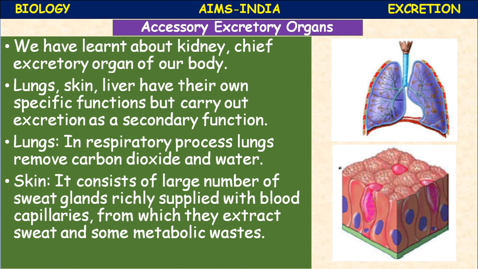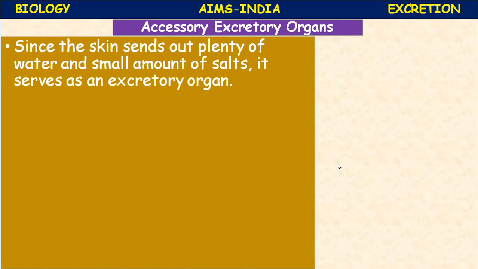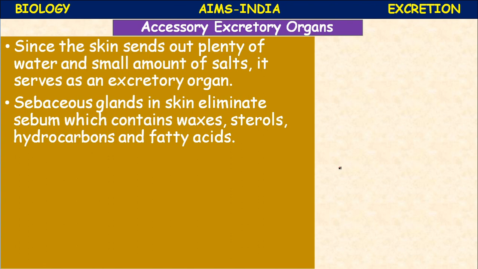Essential kidneys. Accessory excretory organs are skin, lungs and liver. Since the skin sends out plenty of water and small amounts of salts, it serves as an excretory organ.